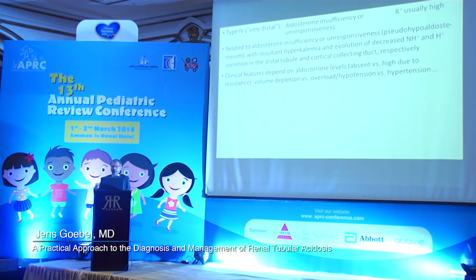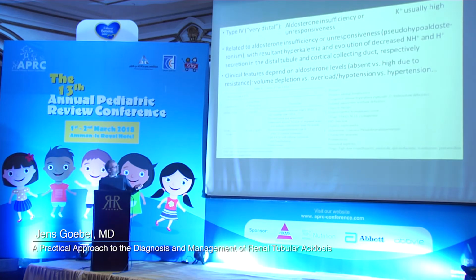Clinical features do depend on whether there's no aldosterone or plenty of aldosterone, and that can include volume depletion versus overload, hypotension versus hypertension, and so on. Primary causes, once again, include some mutations, some listed phenotypes.